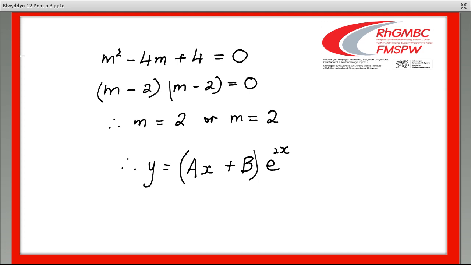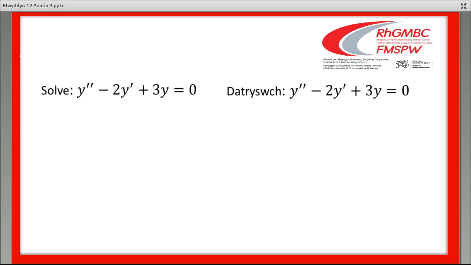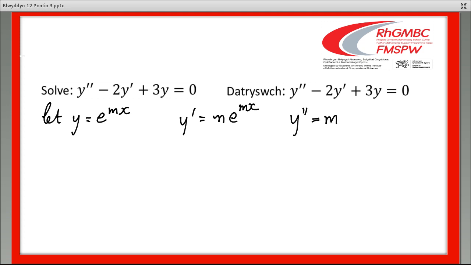Now, as far as the next question is concerned, it looks as if we're just after the complementary function because it equals 0. So we start with our basic let y equals e to the mx. So y dash equals m e to the mx, and y double dash equals m squared e to the mx.